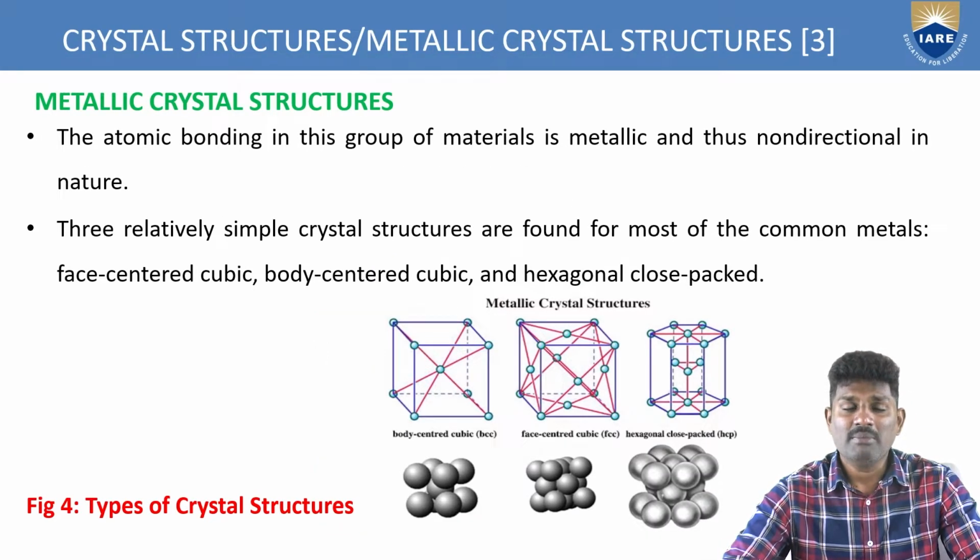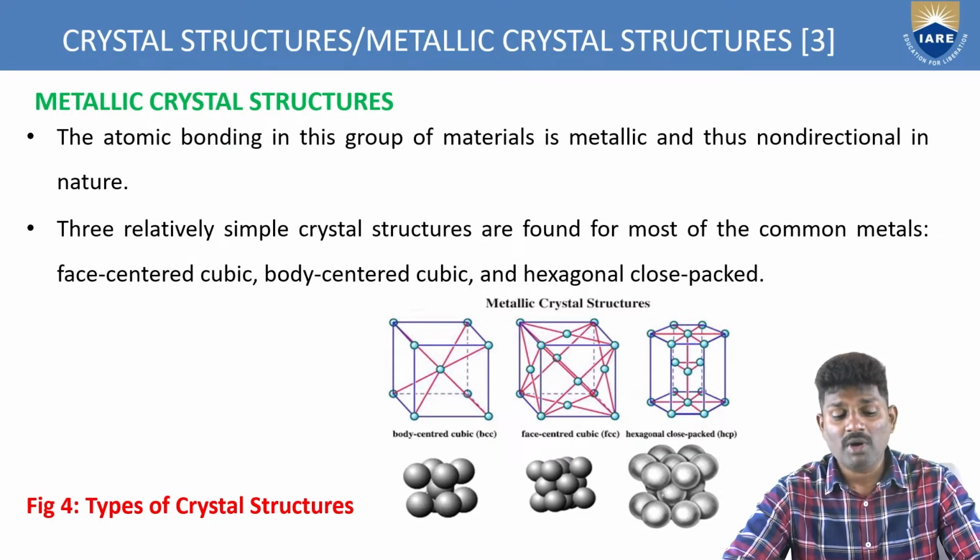In this case, again, based upon that arrangement with respect to the three-dimensional coordinates, you have different types of cubic structures here. That is called the metallic crystal structures. The atomic bonding in this group of materials is metallic and thus non-directional in nature. So what atomic bonding do we have in this type of metallic crystal structure? These are all metals, which involve completely metallic bonding.